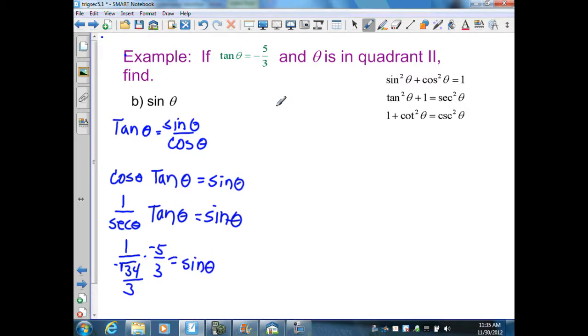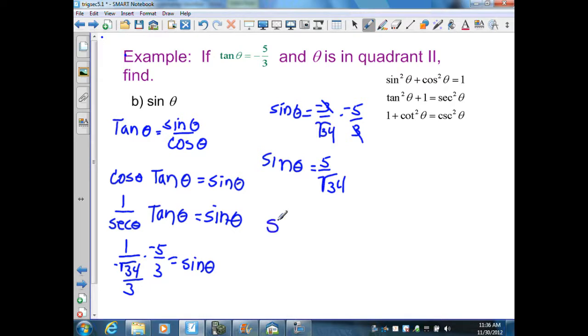Continuing, I know the sine of theta, when I simplify, is equal to, now I find the reciprocal, which gives me a negative 3 over the square root of 34, times a negative 5/3. And the 3's are going to cancel. Negative times a negative is going to give me a positive 5 over the square root of 34.